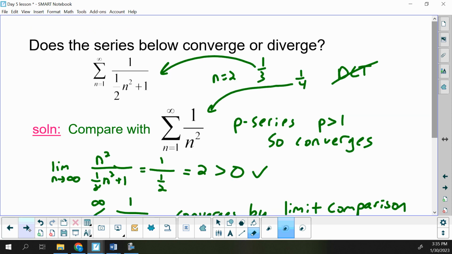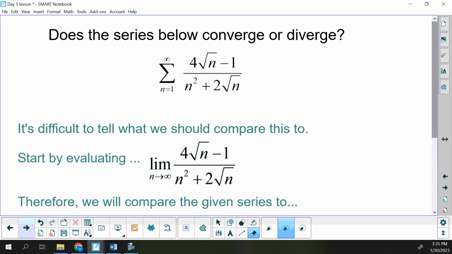So we want the same degree both top and bottom. So let's look at our highest degrees. Here you have a 1 half. Here you have a 2. So we would want to compare this so that when we divide, we end up making them equal. So this basically needs 3 halves more for it to be equal.